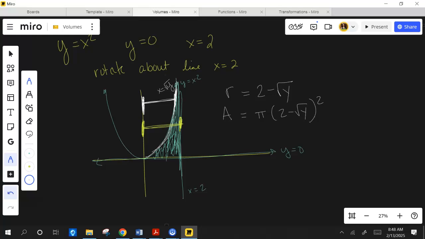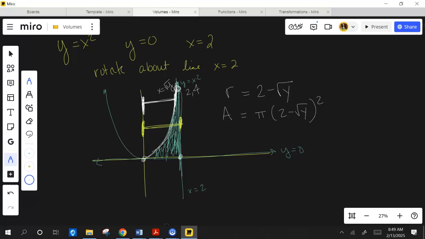Now I've got to integrate, but remember I'm doing this with respect to y, so I can't go from 0 to 2. Where does the line x equals 2 intersect with y equals x squared? Put the x in there for 2. The point where they intersect is (2, 4), and I'm using the y.